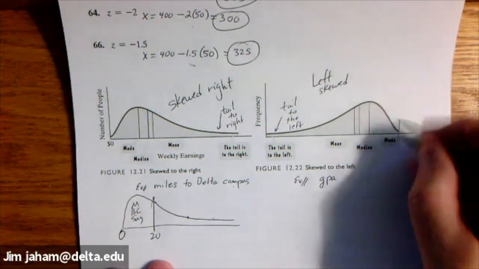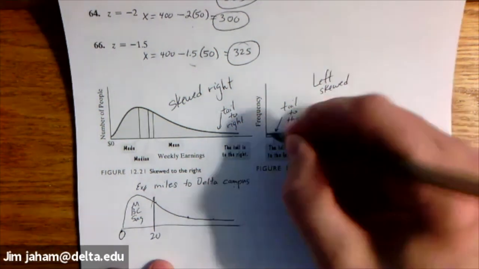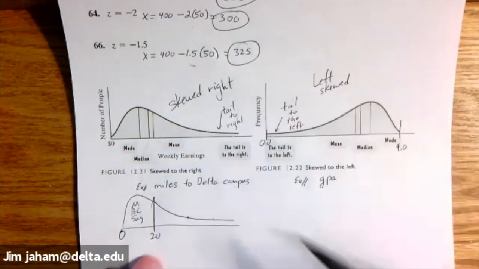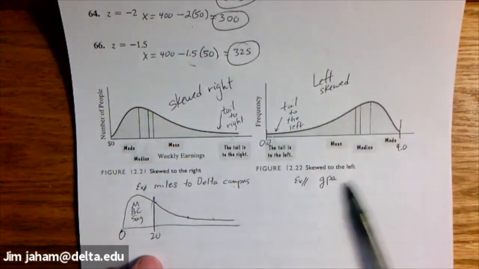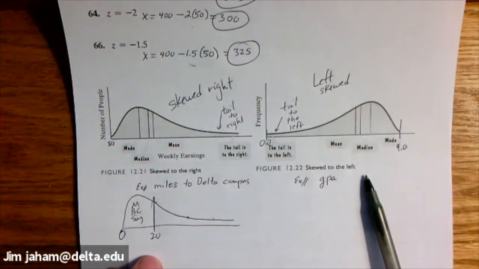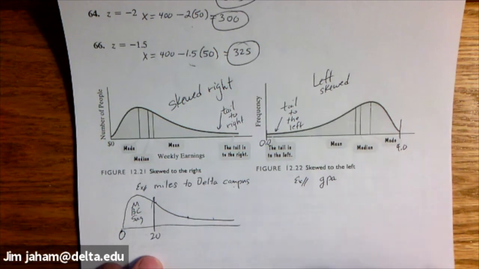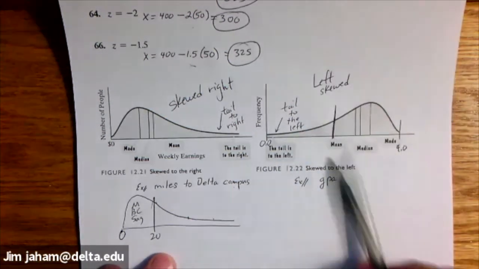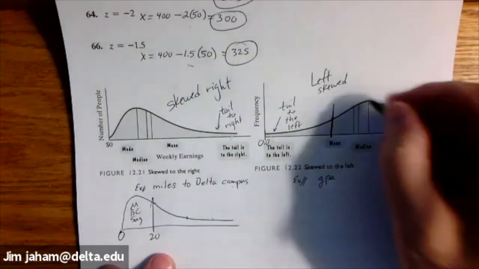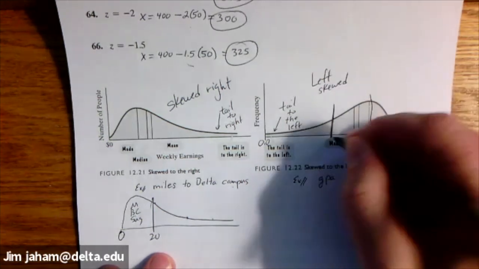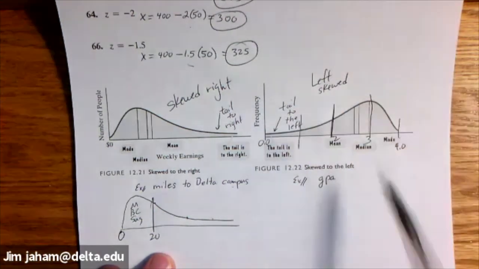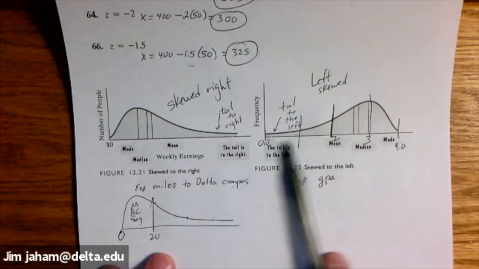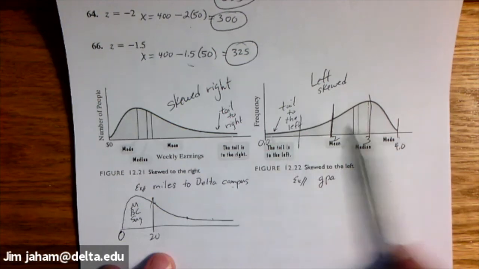The highest GPA would be 4.0 and the lowest GPA would be 0. And most students, if they are enrolled at college, most of the GPAs you would find, let's see, 2 would be right here. Most of the GPAs would be in here. In fact, maybe from 3 to 4. And very few students have GPAs that are out here. Most of the GPAs are clumped in this area.